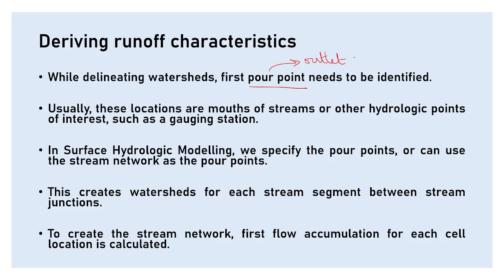We sort of consider that junction as the end point, so it will be a little more complicated. To create the stream network, first flow accumulation for each cell location is calculated. So in order to create the stream network, for each cell we need to see how the flow is accumulating.